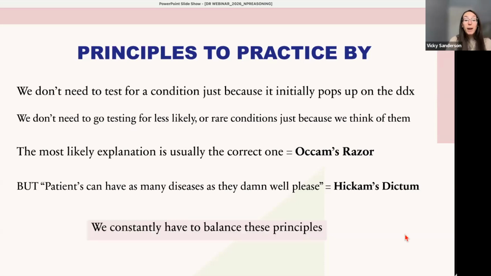And it's definitely a balancing act with these principles because we always have to be judicious about over ordering tests and under ordering tests and being as efficient as possible because we're all really busy and we have to see several patients in day-to-day practice.